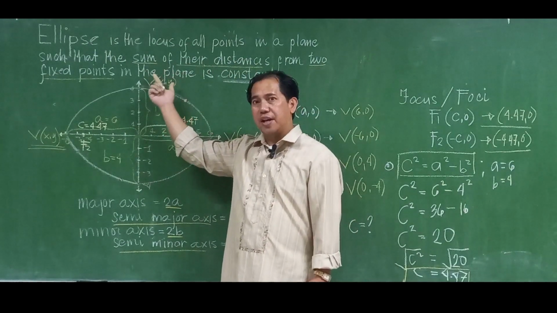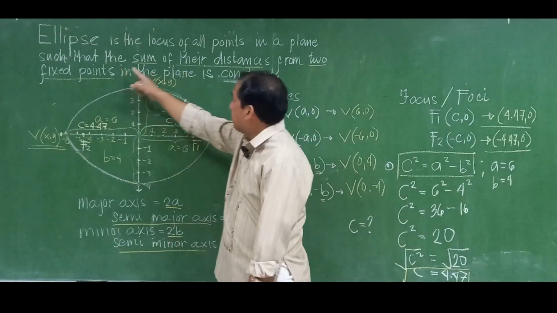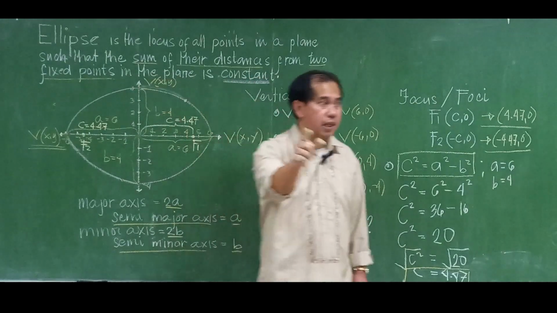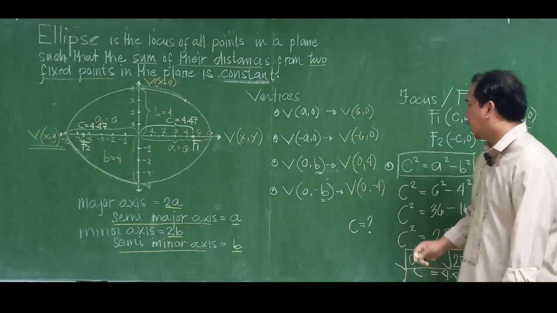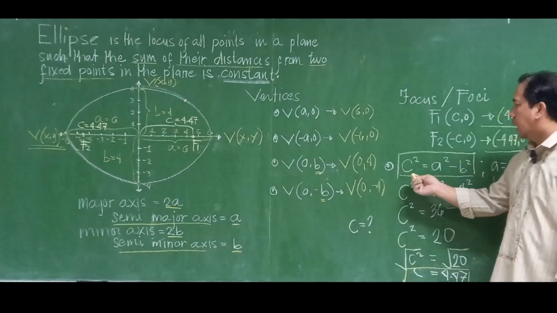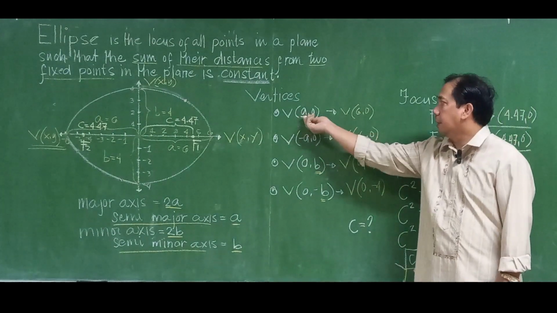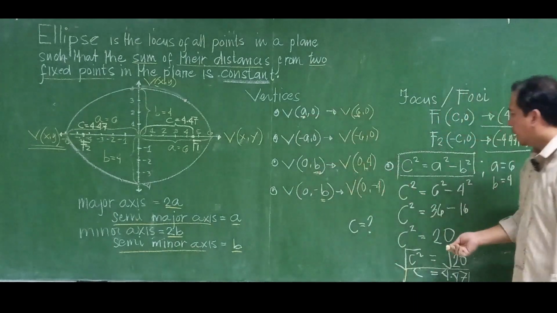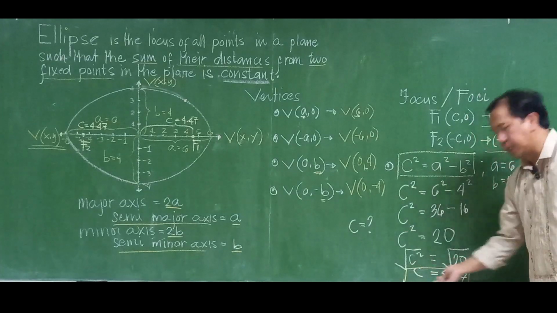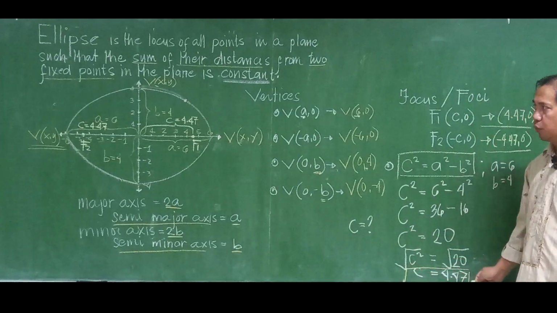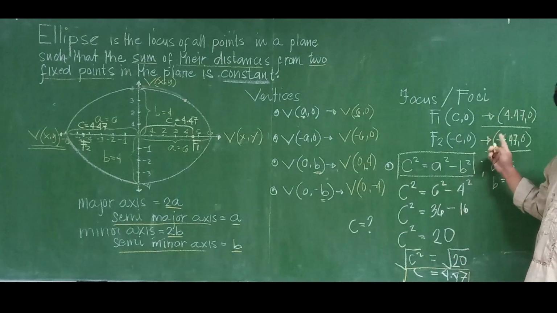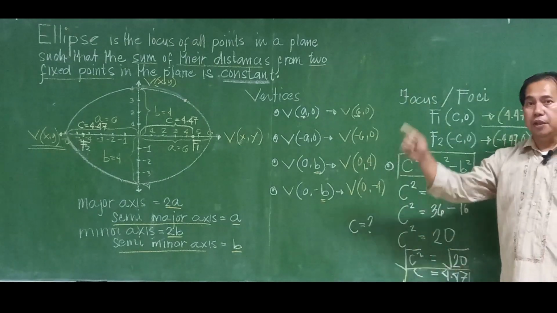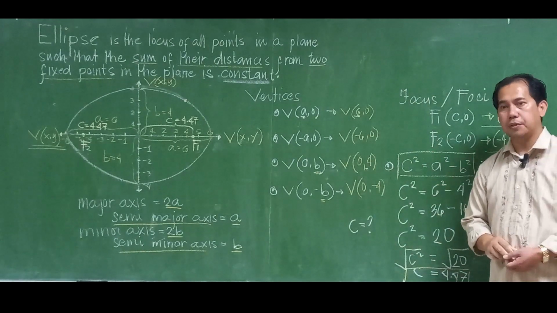We can only verify that the sum of the distances from fixed points in the plane is constant if we have already learned the value of A, the value of B, and the value of our C, so that we can locate the foci. After having that, we can now verify the definition of the ellipse.